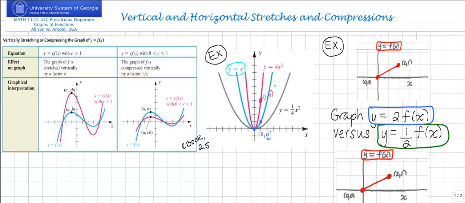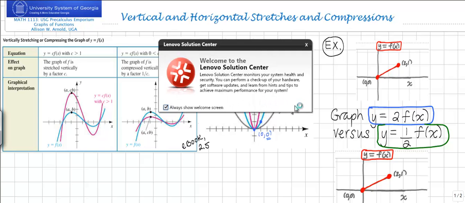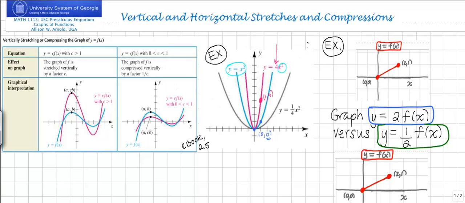Okay, so again, the number in front of the entire function, when it's multiplied, is considered a vertical stretch, or a vertical compression if it's positive and smaller than 1. So take a look at the graph of y equals 1/4 x squared.